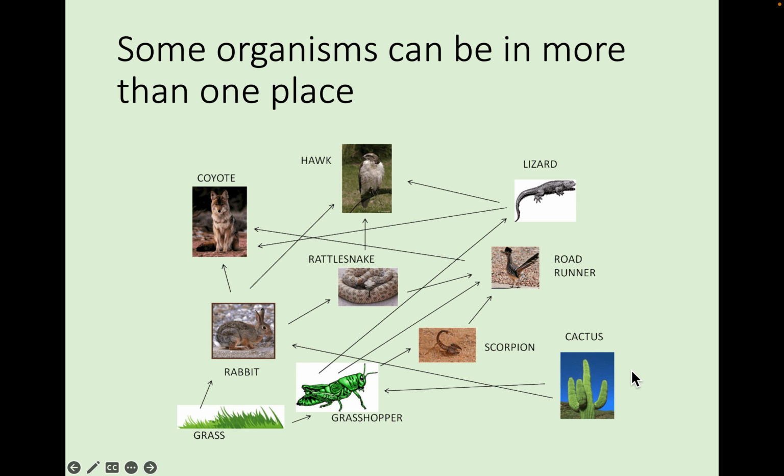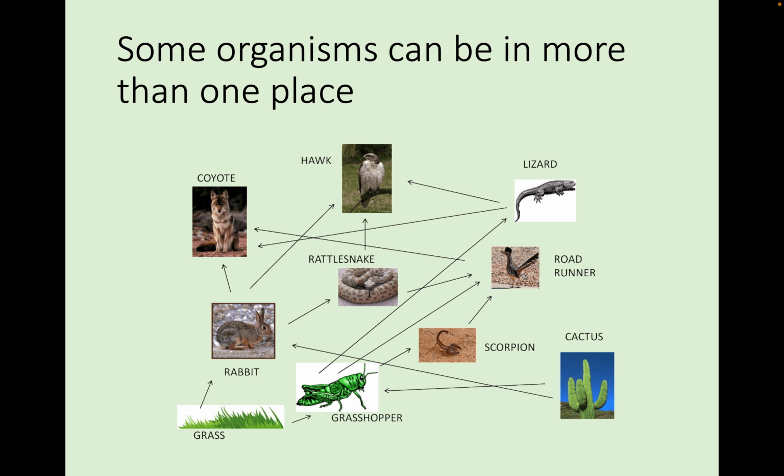When we get with food webs too, some organisms can be in more than one level. So, for example, our grass here, our plants are always going to be the producers to start with. The rabbit would be a first consumer, primary. So would the grasshopper.